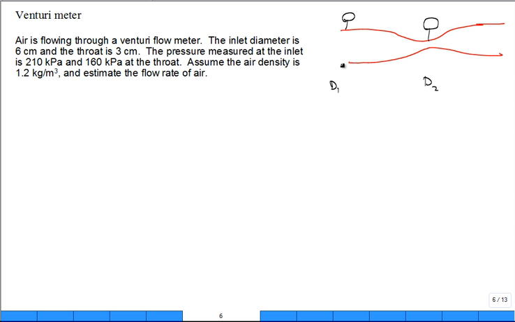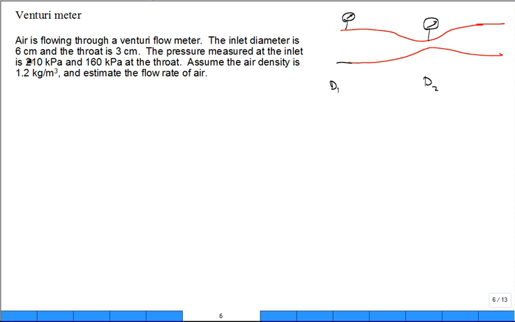And based on the pressure measurements, I can now tell you what the speed is at 1. And then if I know the area at 1 and the speed at 1, I can tell you the volumetric flow rate. It's a flow measuring device. It's a meter. It measures something. It's a Venturi meter. And we just did all the equations, but you can solve a problem like this.